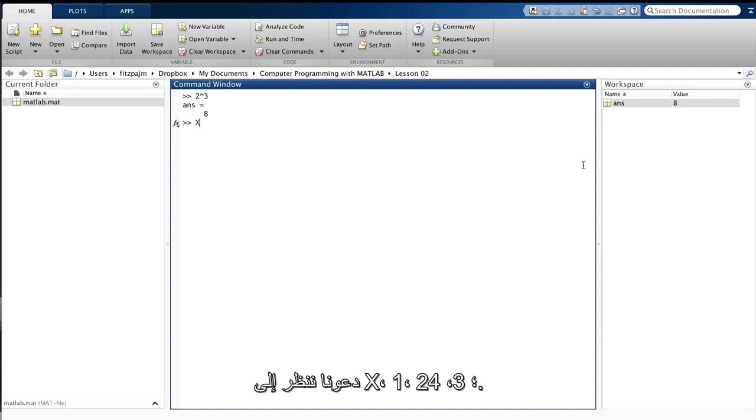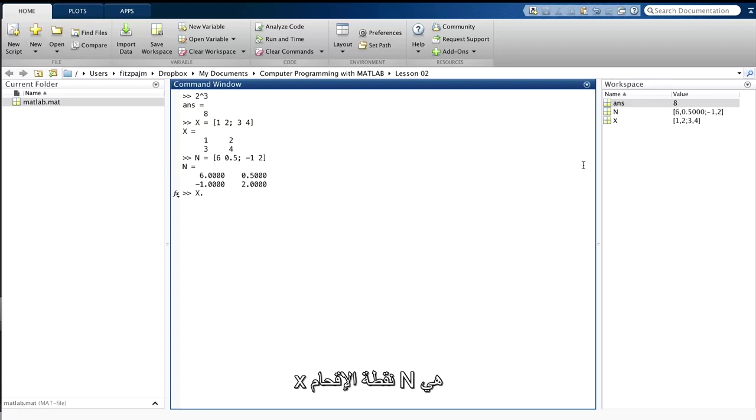Let's look at x, 1, 2, 3, 4. And let's let n equal 6, 0.5, minus 1, 2.